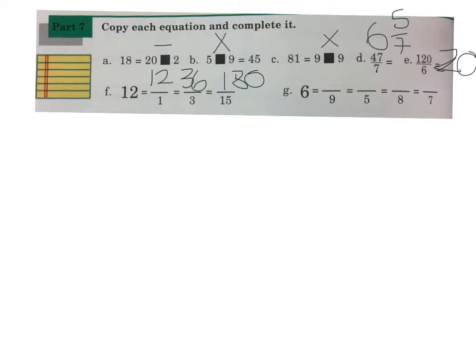And then for G, you should have 54 for 30, 48, and the last one you'll have 42. All right, if you have any questions about how we got to any of these, make sure to ask the teacher. So just check to make sure that you did these correctly, and then move on to the next section.